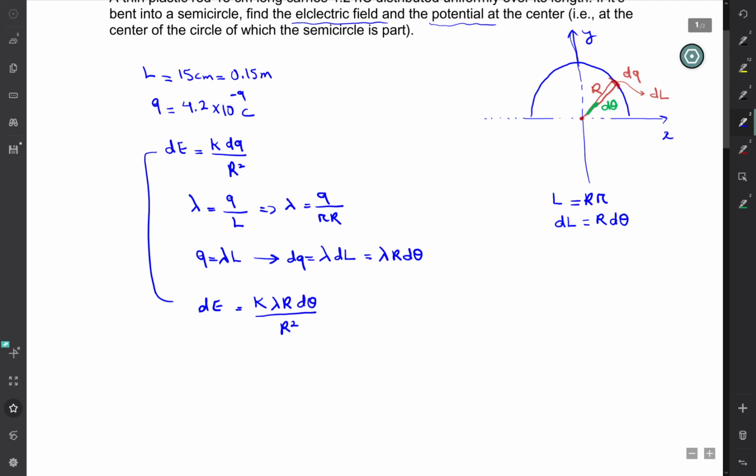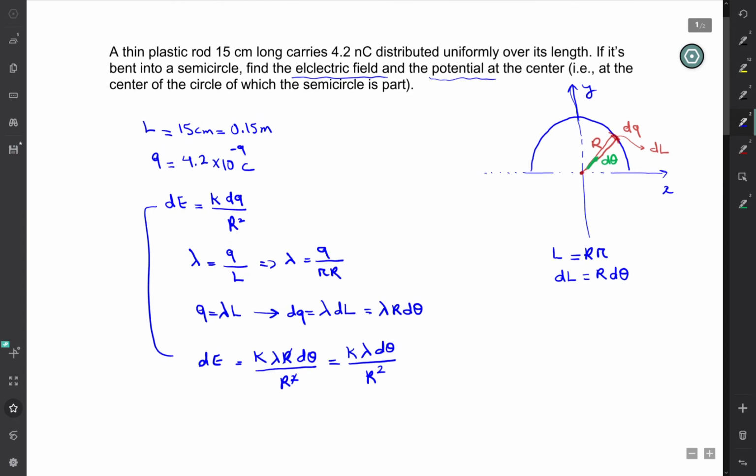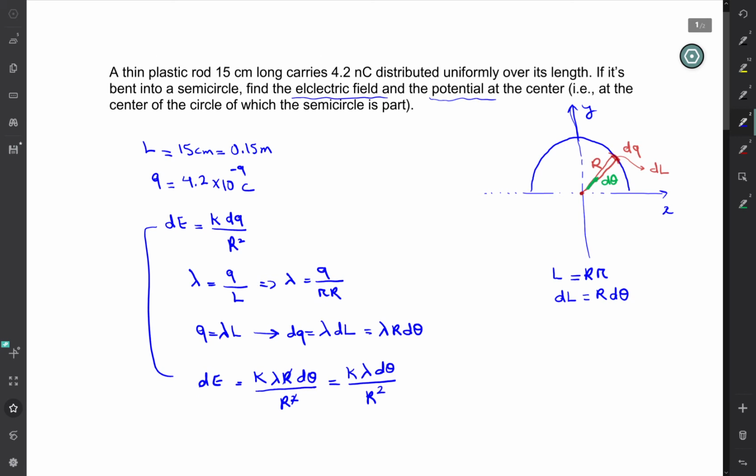Where you can cancel out one r from the top and one r from the bottom, you end up getting k lambda d theta over r. Does that make sense? Now we have the electric field that is created by the little dq.